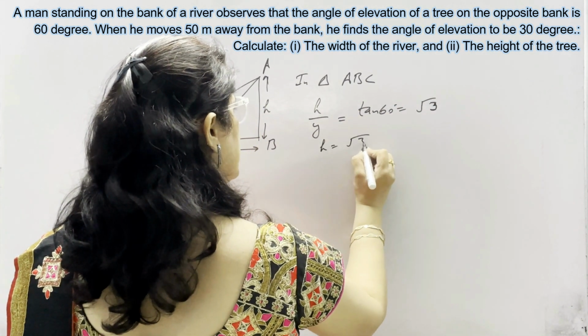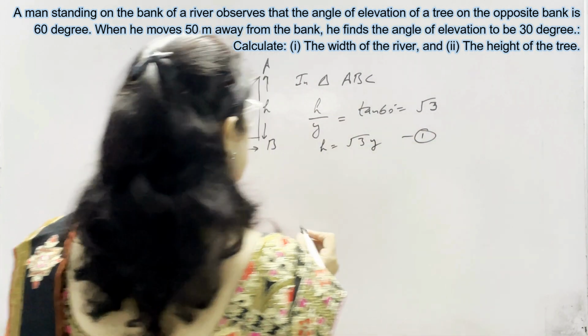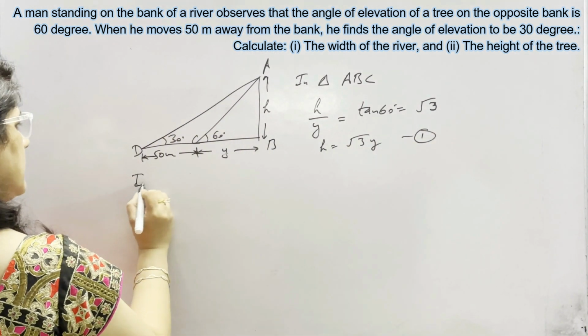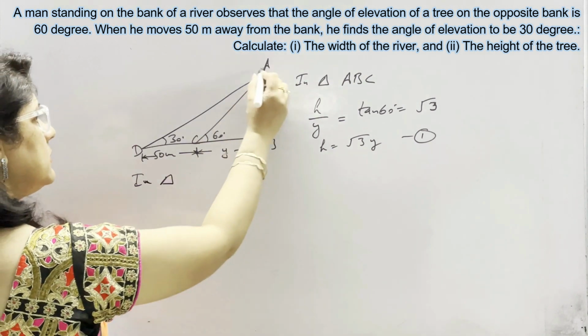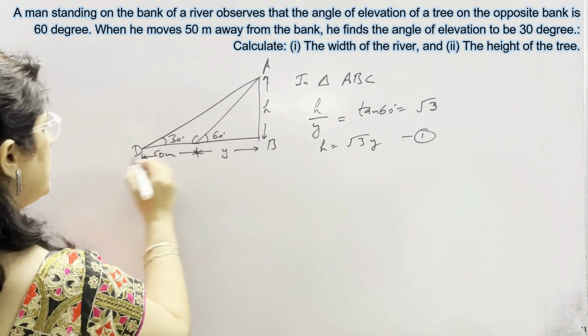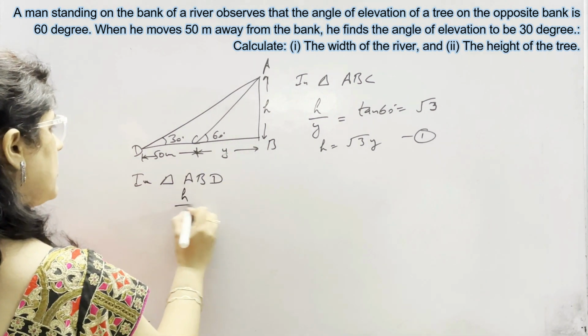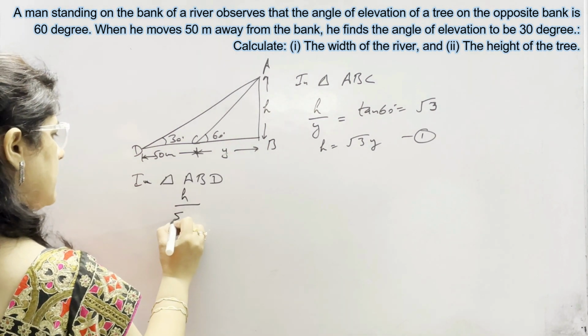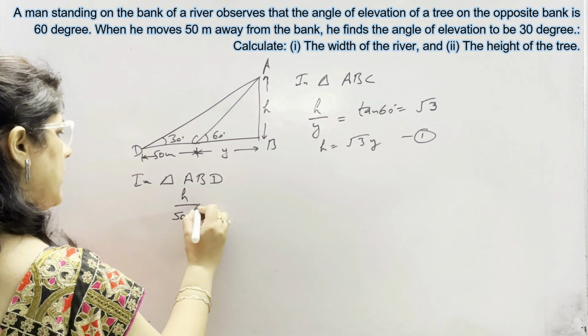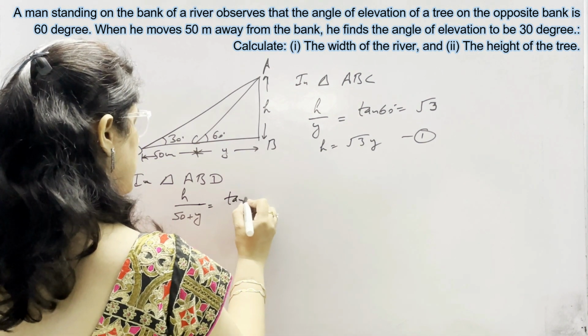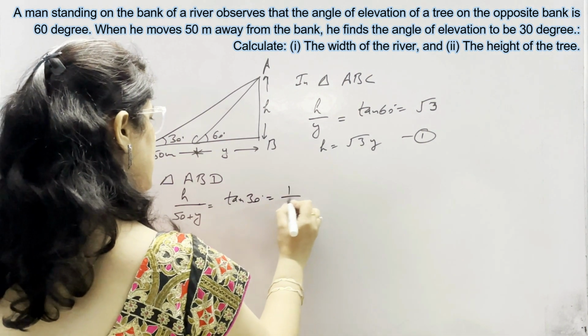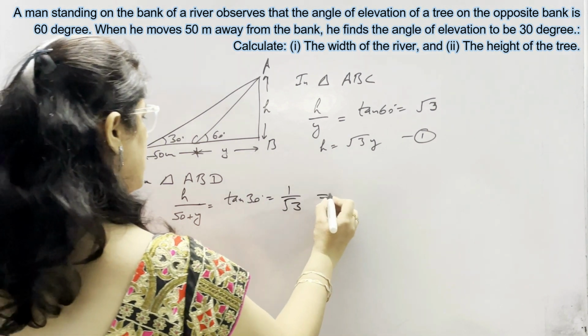So h is equal to under root 3 y. This is our first equation. In the second triangle ABD, h upon 50 plus y is equal to tan 30. The value is 1 upon under root 3.